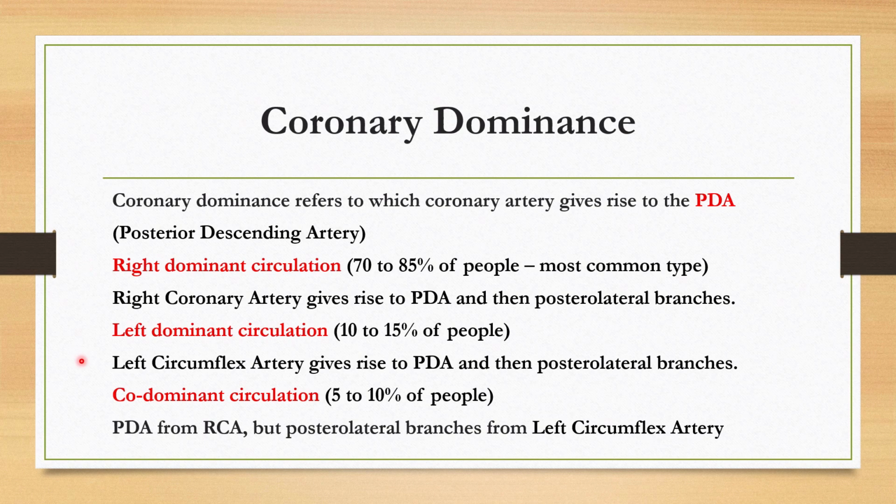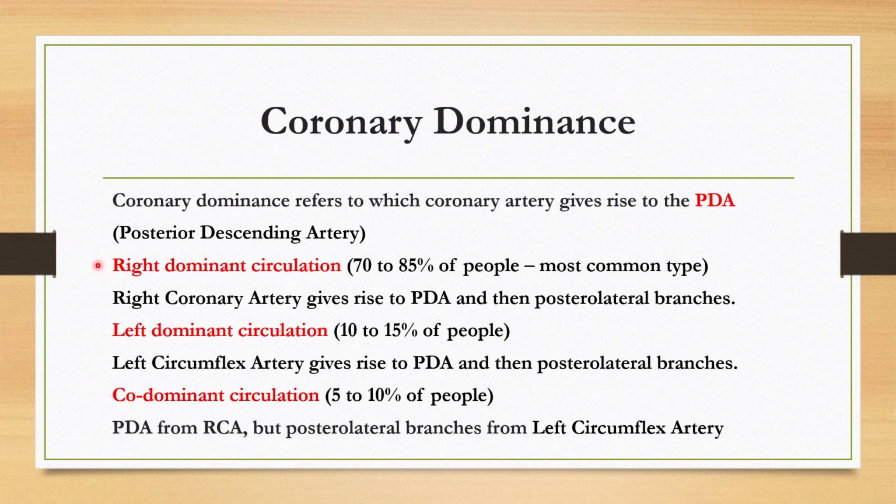If the PDA arises from the left circumflex artery, then we call it left dominant circulation. If the supply is from both the right and left coronary arteries, then we call it codominant circulation.